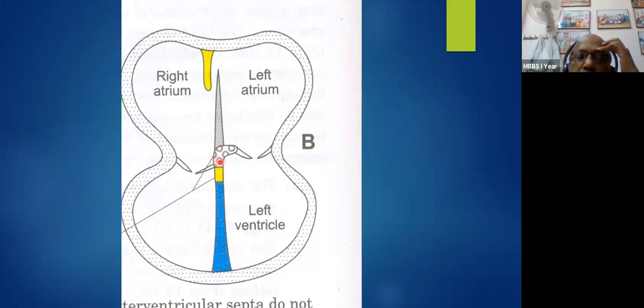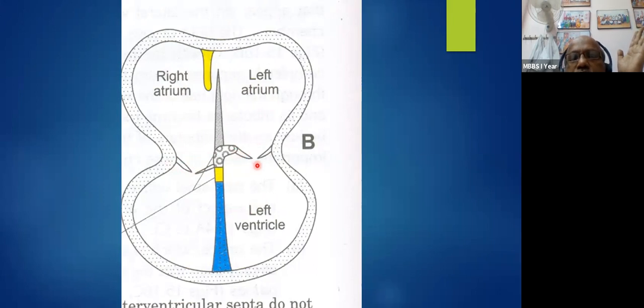This small part of the interventricular septum, contributed by the proliferation of septum intermedium, separates your left ventricle and right atrium. See this small part. Now this is the right atrium, this is the left atrium. The right atrioventricular orifice is guarded by the tricuspid valve.